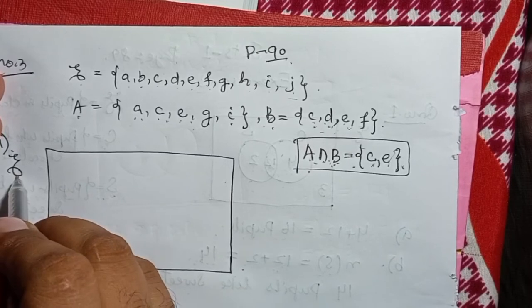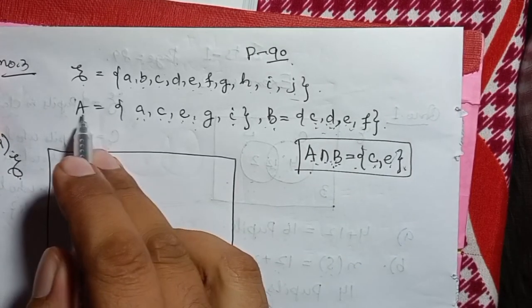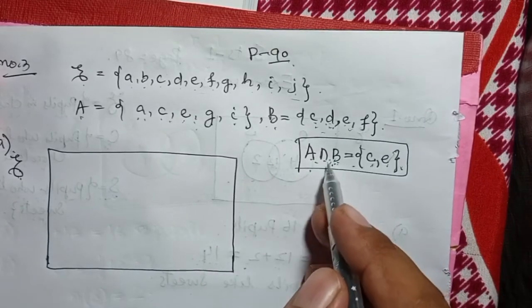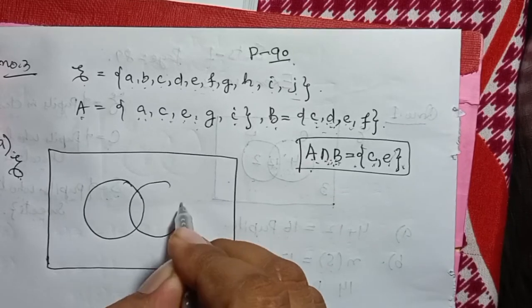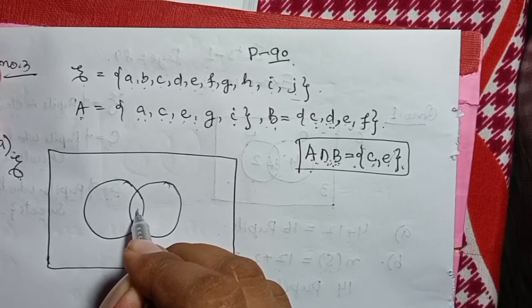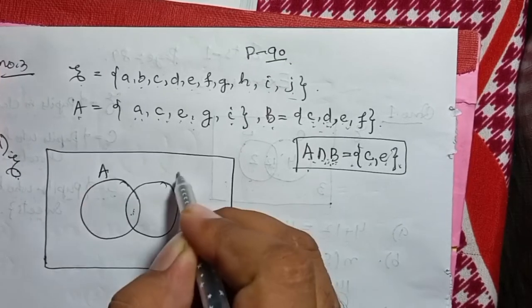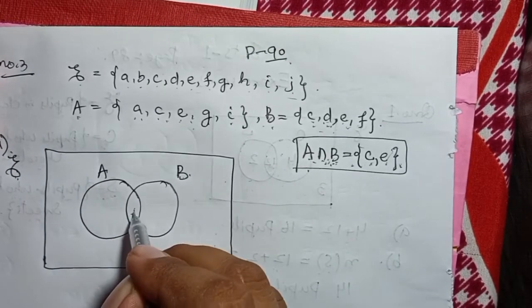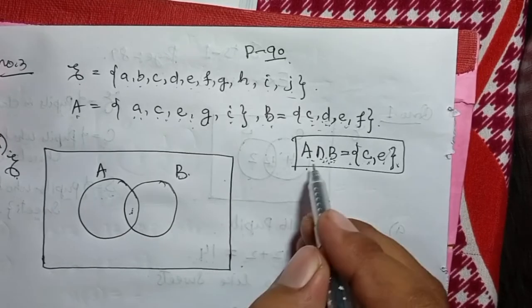The symbol for the universal set is this. In the universal set we have to represent two sets, and there is the intersection. So we will also show the intersection. This part is the intersection. In this part we have to write, this is set A, this is set B. In this part we have to write those elements which are common in set A and set B.